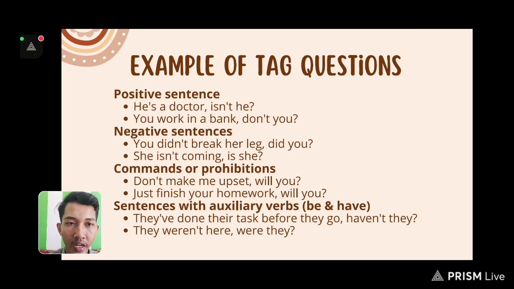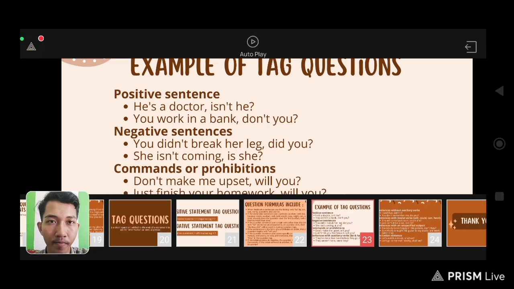They've done their acts before they go, haven't they? Same as the formula, this uses be or an auxiliary verb. Like that. They weren't here, were they? Okay.